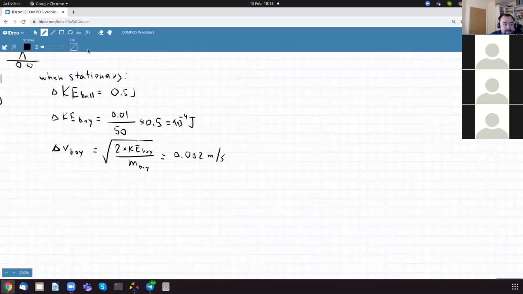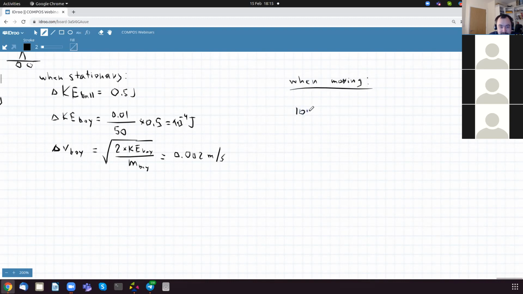But then when moving, the boy starts off traveling at 10 meters per second, and the kinetic energy is 1/2 times 50 times 10 squared.